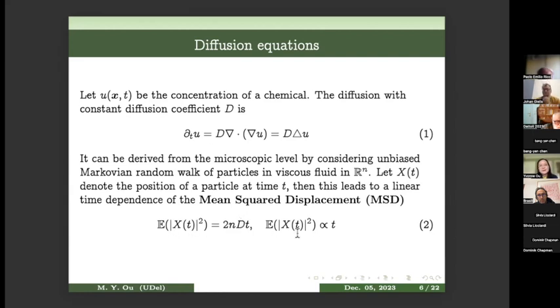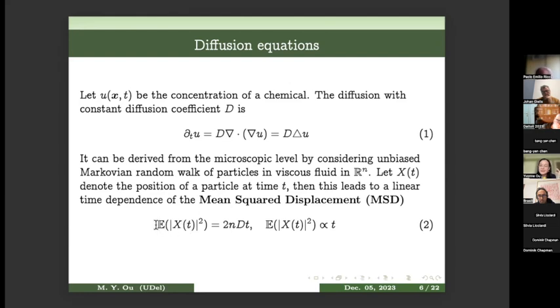Let me fix the notation here. Just imagine you have a lot of IID particles moving independently, doing random Brownian motion, a Markovian random walk. Then you compute, for each one of them, X_t, the current position of one Brownian particle.